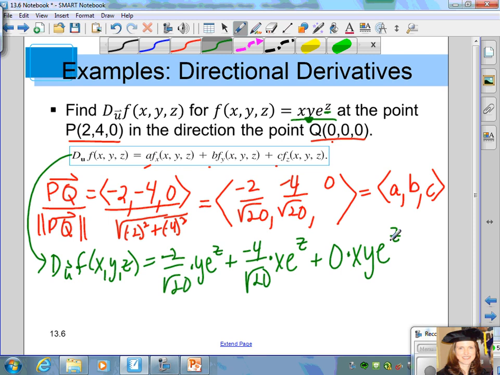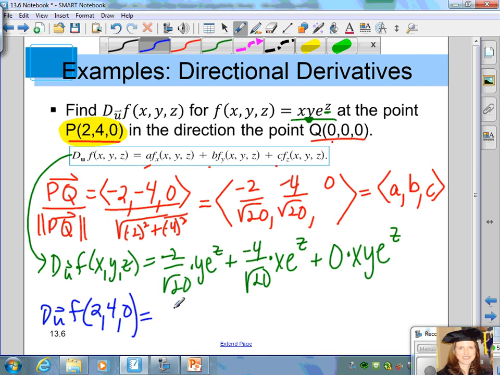Now we can determine what that is at our given point, evaluated at P. Our directional derivative in the direction of that unit vector from P to Q, a unit vector that's going in that direction, evaluated when x is equal to 2, y is equal to 4, and z is equal to 0.